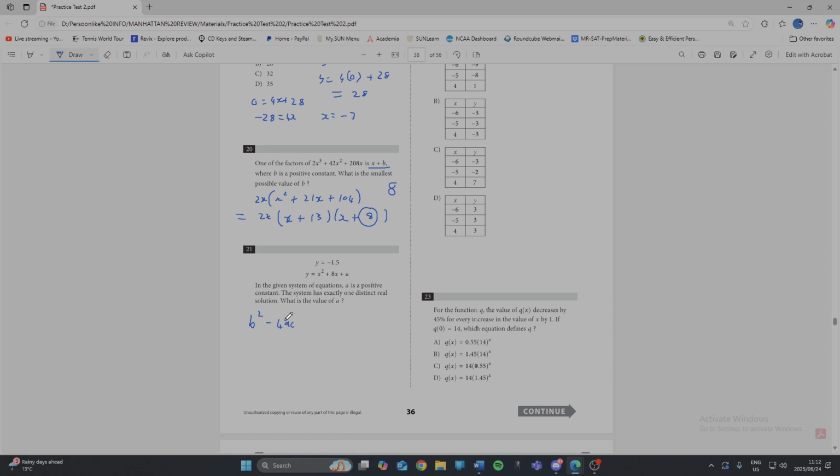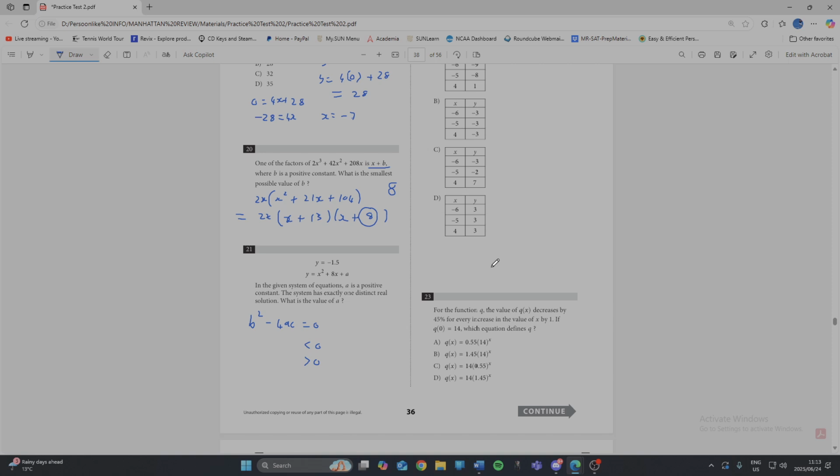If the discriminant is equal to 0, that means that the system only has one solution. If it is smaller than 0, it means that the system has no solutions, so 0 solutions. And if it is larger than 0, that means that the system has 2 solutions, right? So that is an important thing to remember.